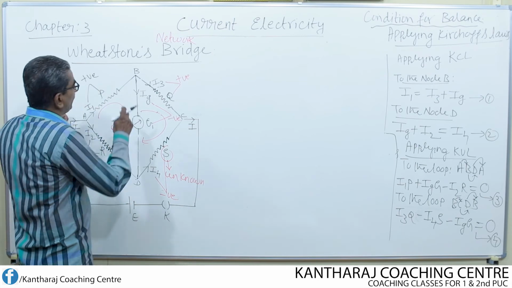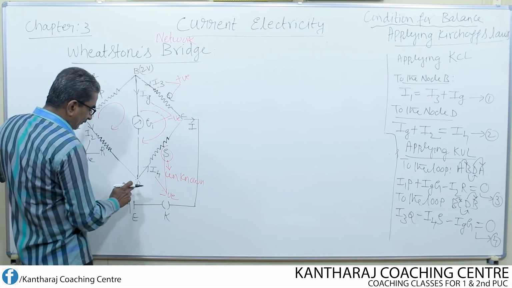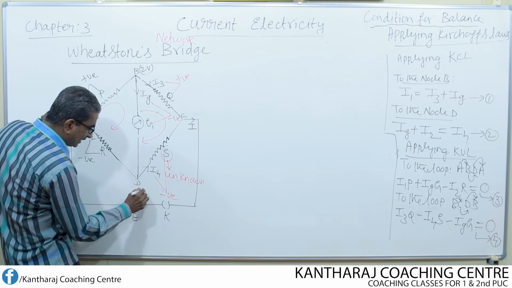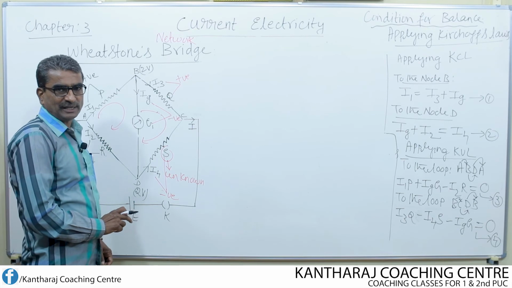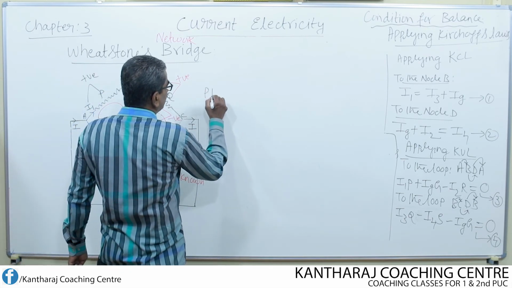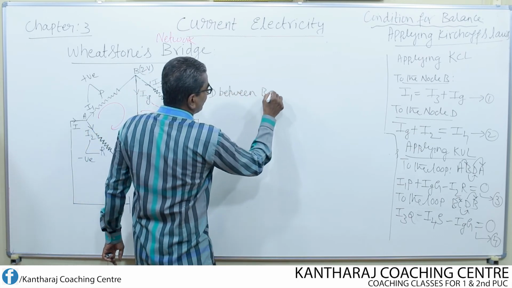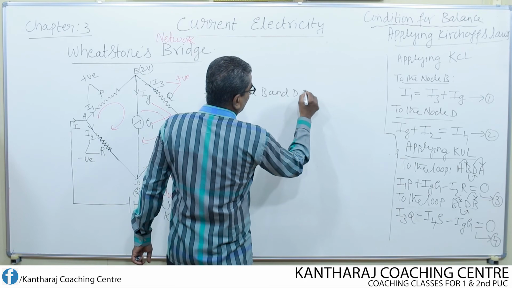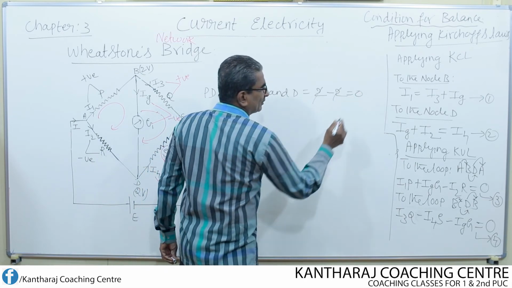That means if the point B is at, let us say, 2 volt, and the point D is also at 2 volt, both are at the same potential, then what is the potential difference between B and D? It becomes equal to 2 minus 2, which becomes equal to 0.